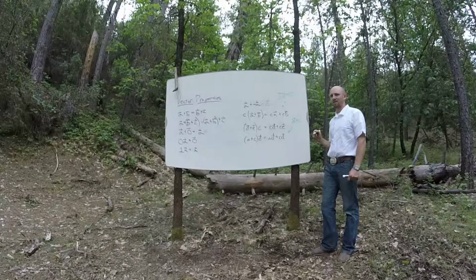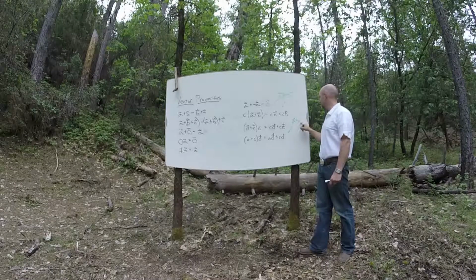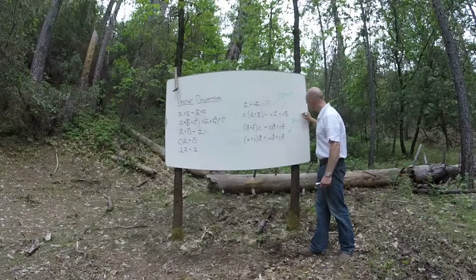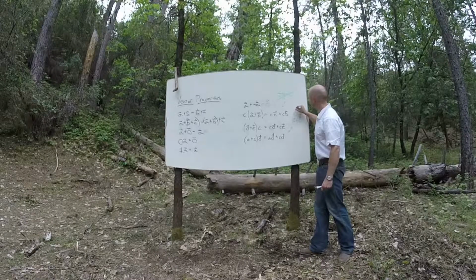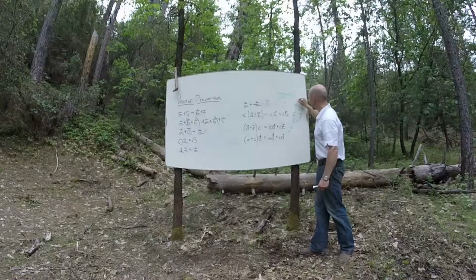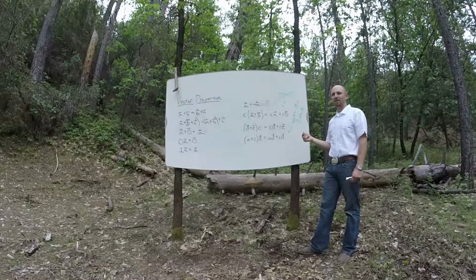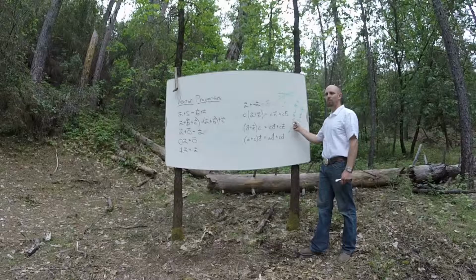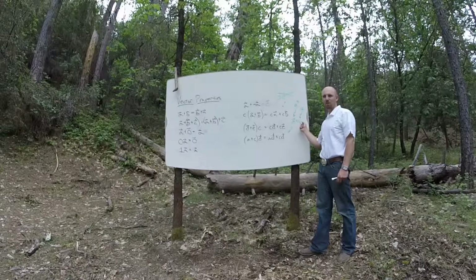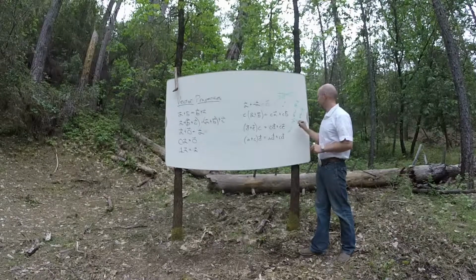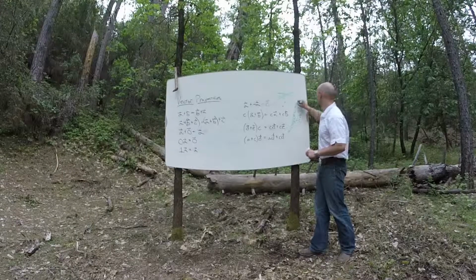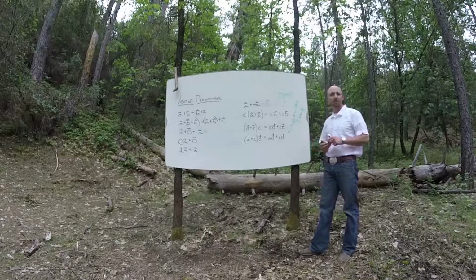No, because this scalar here is a number in R, and this is a vector in R3. So does it make sense to combine a vector and a number through addition? Not really. I just don't have a tool for that. So this is unfortunately something that just doesn't make any sense.